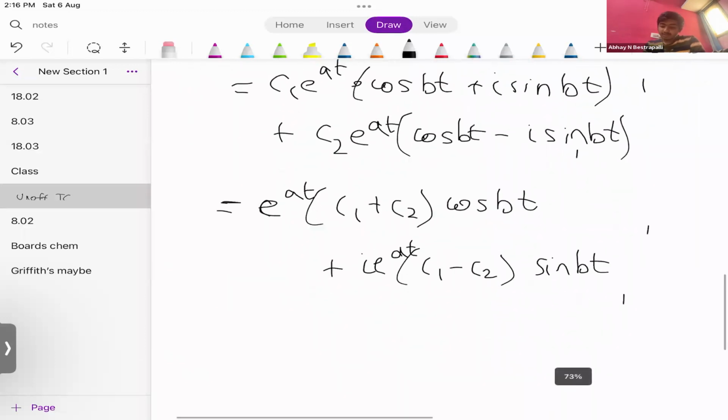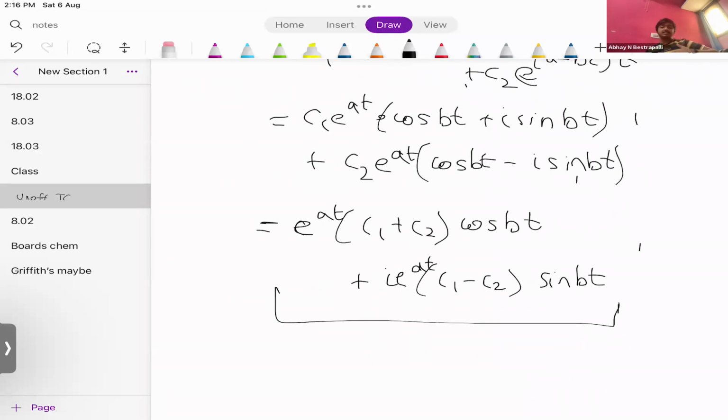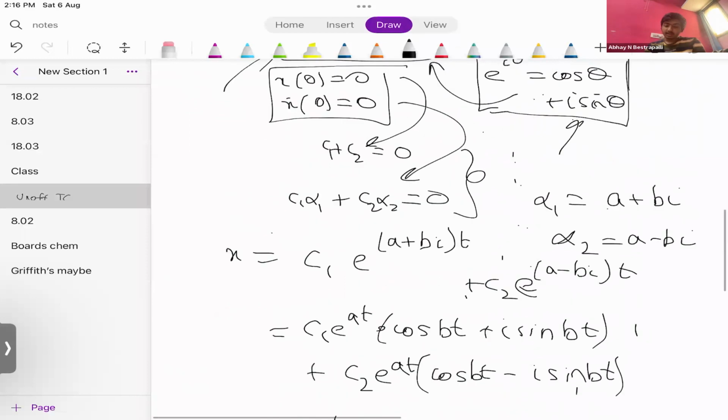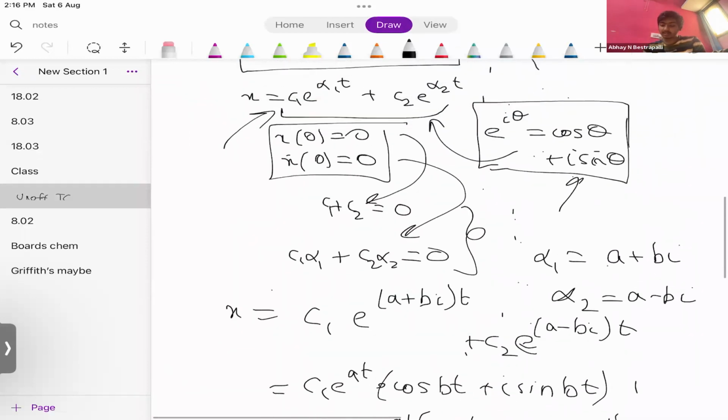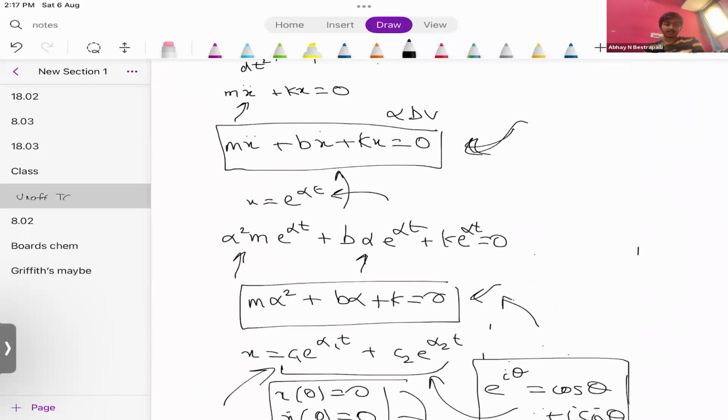So the thing is, if you substitute this in the original equation, both of these still have to work. Also, just to be clear, we want x to be real because we got this from physics or whatever. But one second.